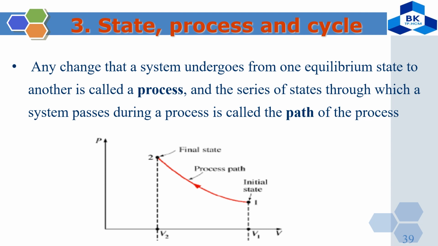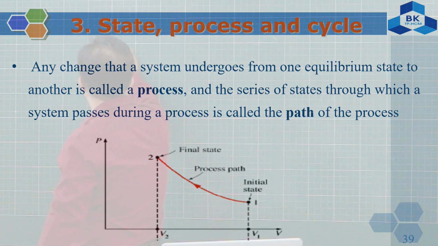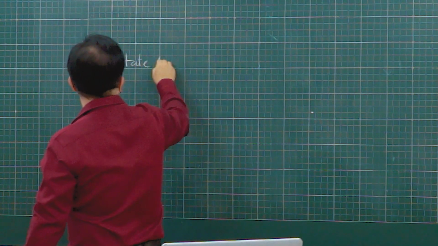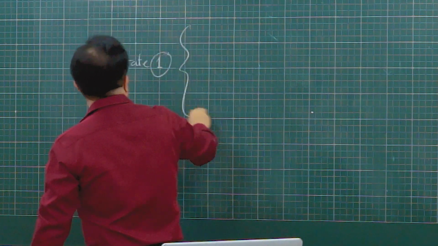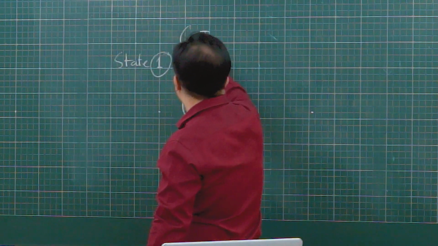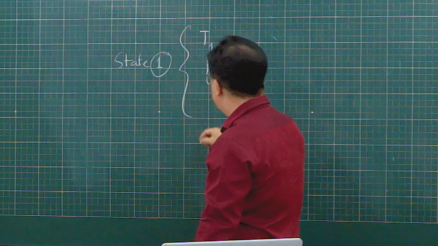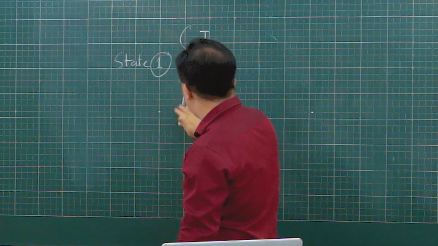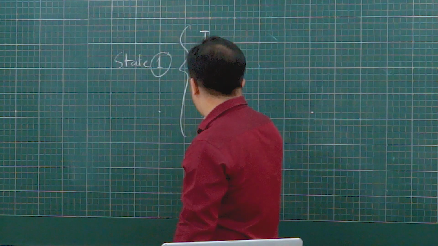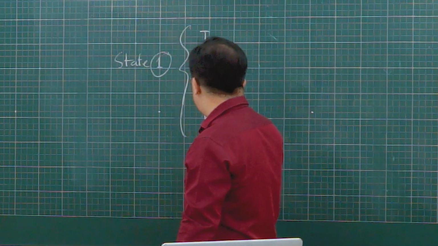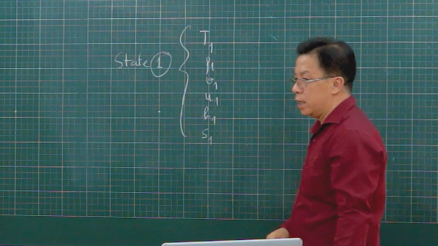At state 1, the temperature is T1, pressure is P1, specific volume is V1, internal energy U1, enthalpy H1, and entropy S1.